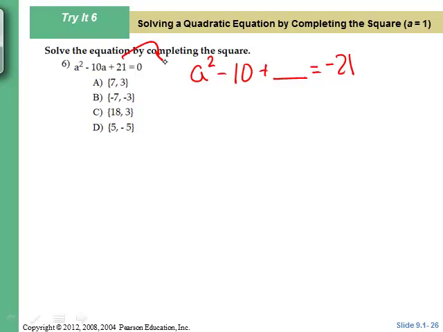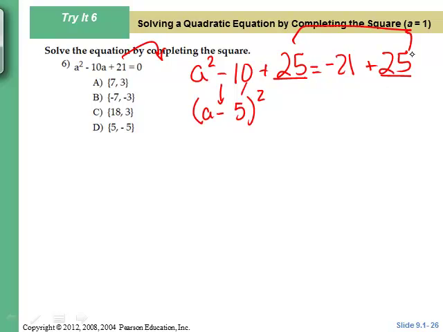Notice the 21 goes to the other side, plus blank. A, bring down the sign, minus half of this, 5 squared. Put the 25 here. Put the 25 here. Notice we added 25 to both sides. What does this equal? 4.